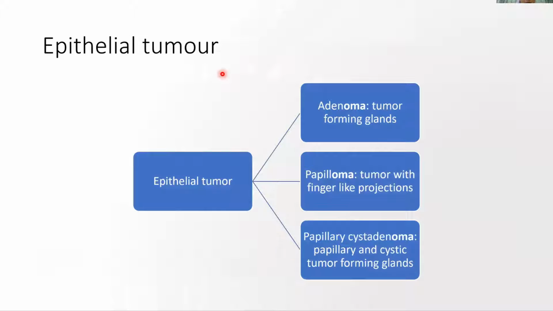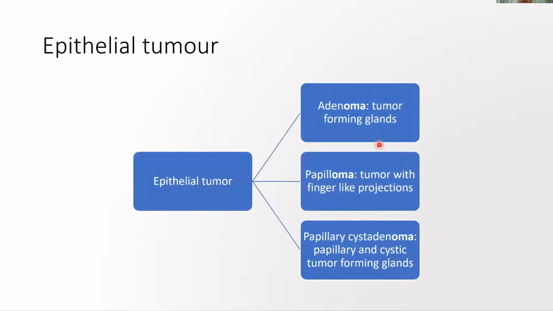How about epithelial tumors? It is similar. We still add on the suffix oma, but it is a bit different for epithelial tumors because we name them depending on the histologic finding or morphological features.